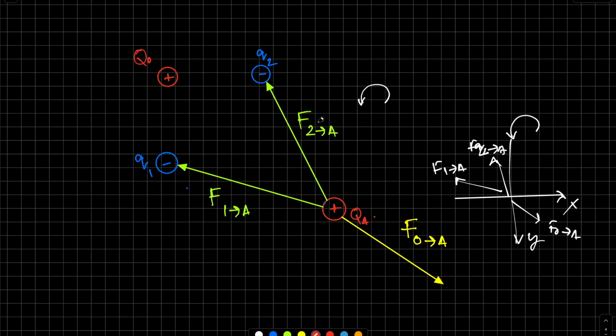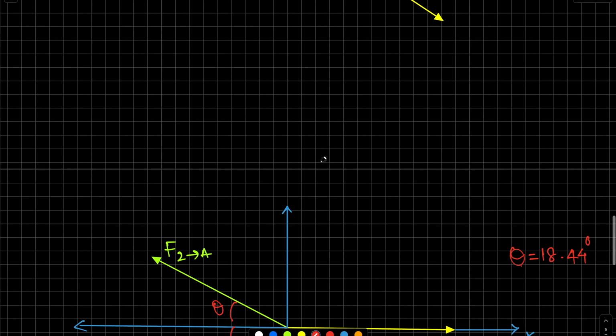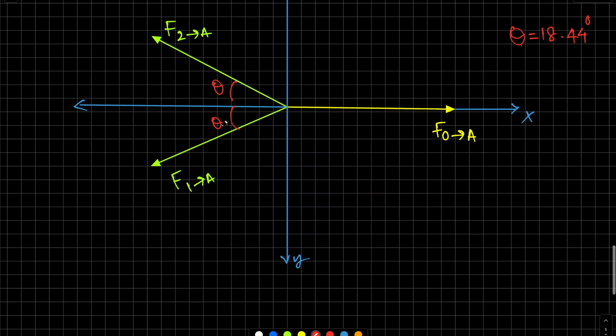Same thing, I just rotated it a bit counterclockwise. It didn't make any changes in the angle, so it will remain the same, 18.44 degrees. Now I'm going to find the components of F2 to A and F1 to A. First of all, I'm going to draw the components.